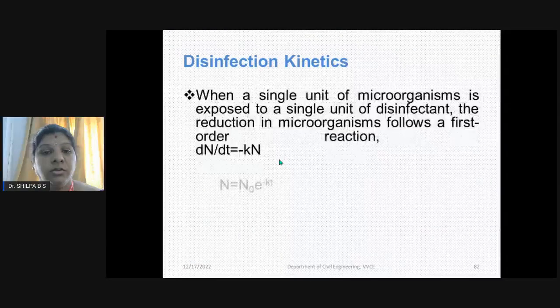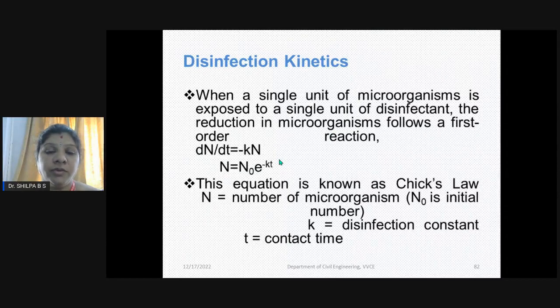To talk about disinfection kinetics, when a single unit of microorganism is exposed to a single unit of disinfectant, the reduction in the microorganism follows a first order kinetic reaction, and mathematically it can be represented as N equals N naught e to the power of minus kt.